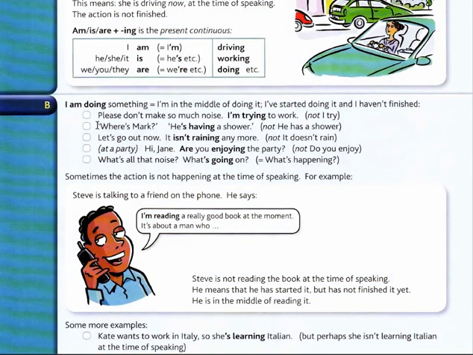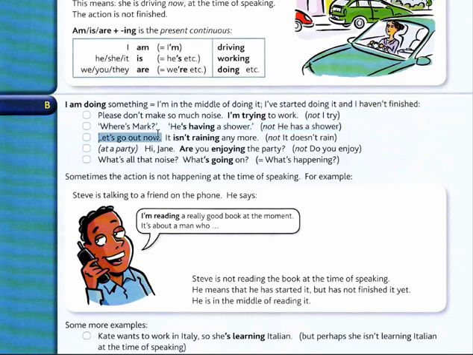In the second example, where is Mark? So someone asked, where is Mark? And someone answered, he is having a shower. You cannot say he has a shower, because it's about now.